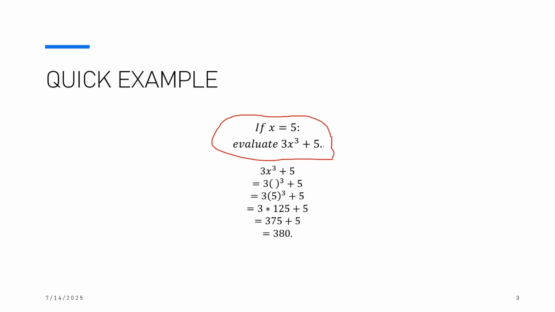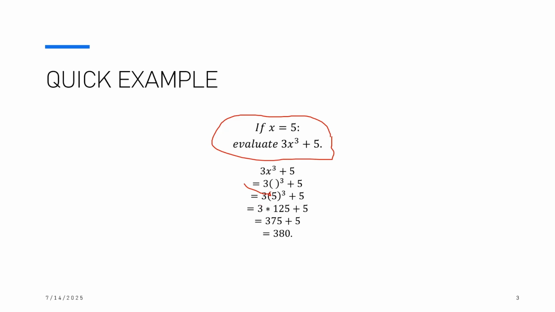Basically, you evaluate this if x equals this random value. First of all, whenever there's an x, you replace it with a skeleton. It just makes things easier. Then you plug and chug the 5 into the skeleton, just like this, into the parentheses.